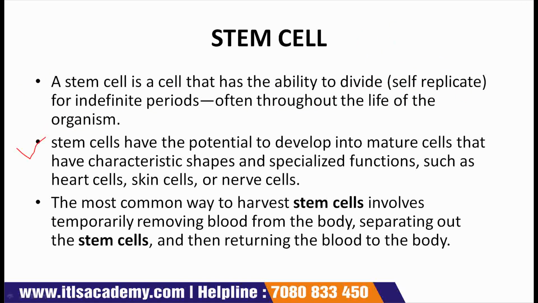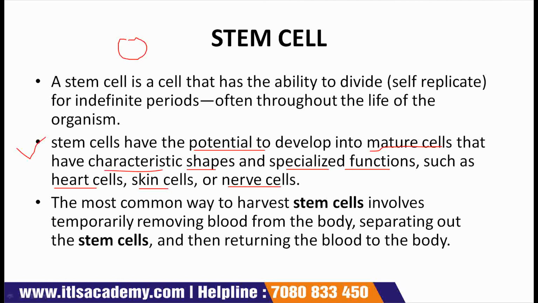Next point is stem cells have the potential to develop into mature cells that have characteristic shape and specialized functions, and these may include special cells like heart cells, skin cells, or nerve cells.